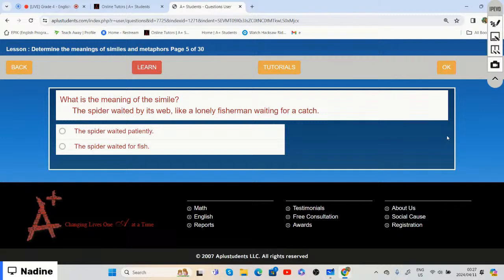All right. So once again, we say the spider waited by its web, like a lonely fisherman waiting for a catch. Do we say that the spider waited patiently, or do we say he waited for a fish?